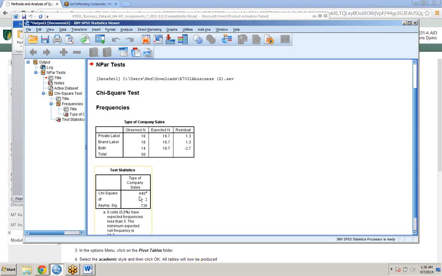However, if we compare the chi-square and the distribution with degrees of freedom of 2, because we have 3 measurements, we have our famous p-value of 0.726, and it's going to tell us that we are pretty much retaining the null hypothesis, basically telling us there is no statistically significant difference between observed and expected values.